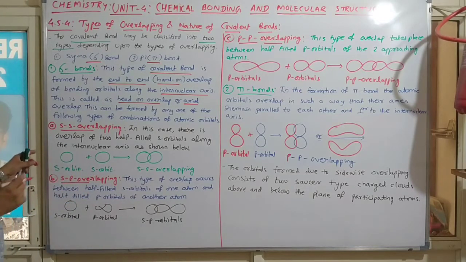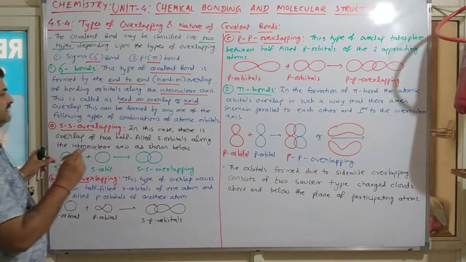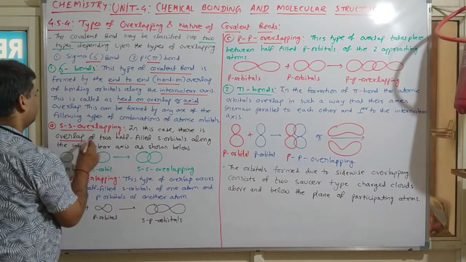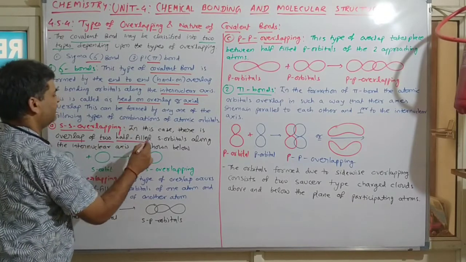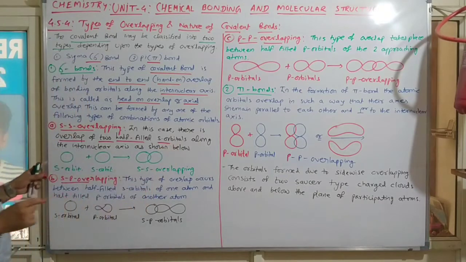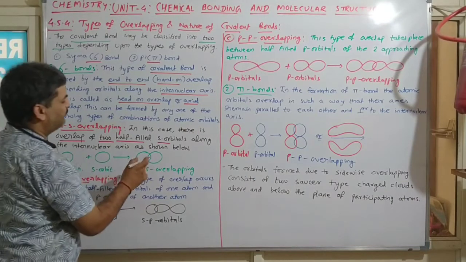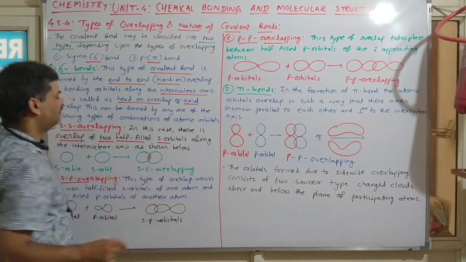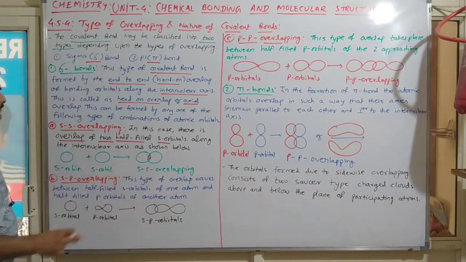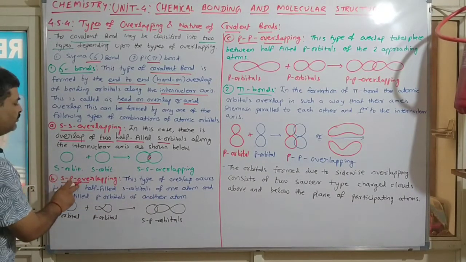Clear? Now ss overlapping. So what is ss overlapping? In this case there is overlap of two half filled s orbital along the internuclear axis as shown below. So this is s orbital overlapping, and this we call sigma bond. What I marked in red, this is normally known as sigma bond. Now here sp overlapping.